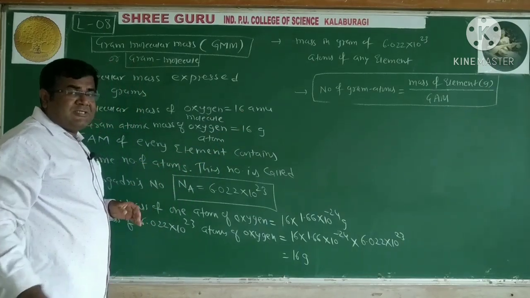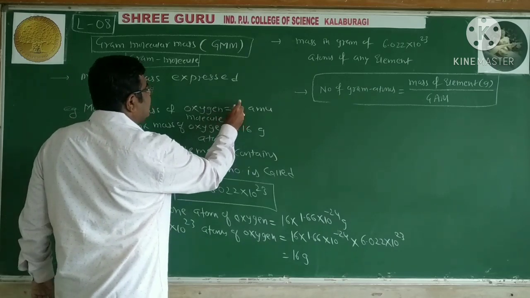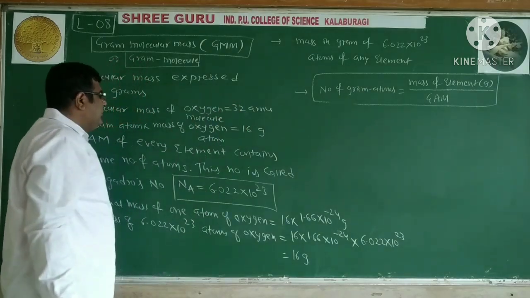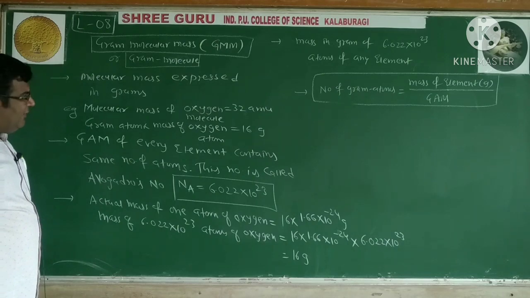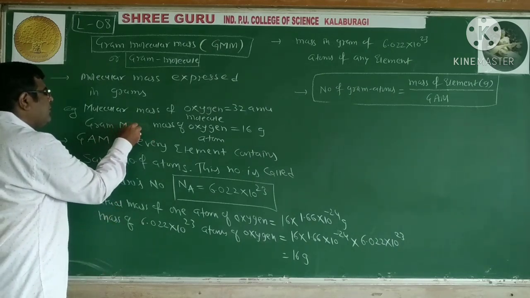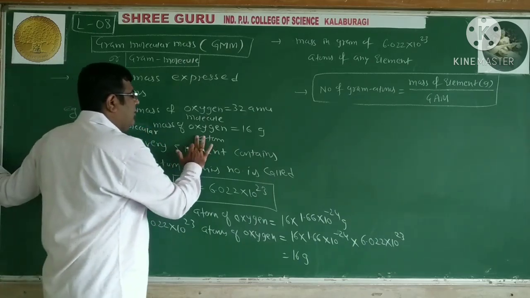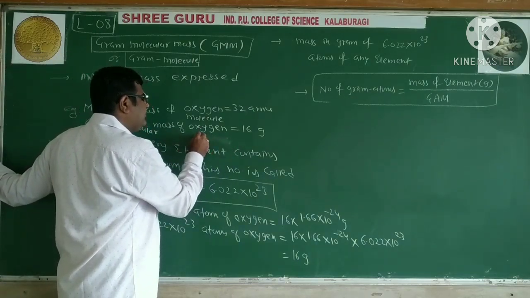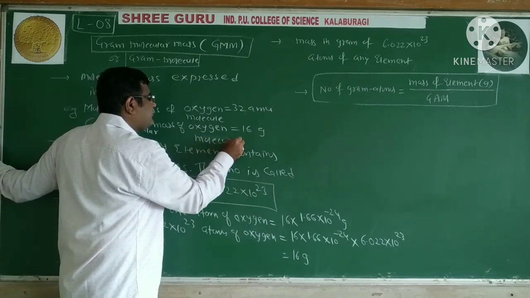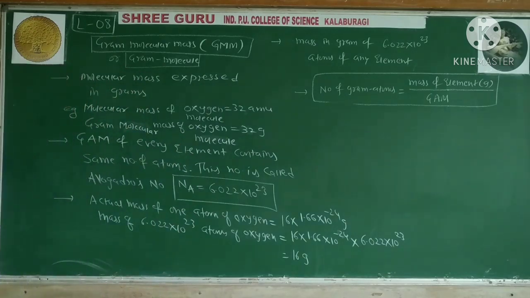It is not 16. Diatomic molecule, it is 32 AMU, and that's why gram molecular mass of oxygen molecule is equal to 32 gram.